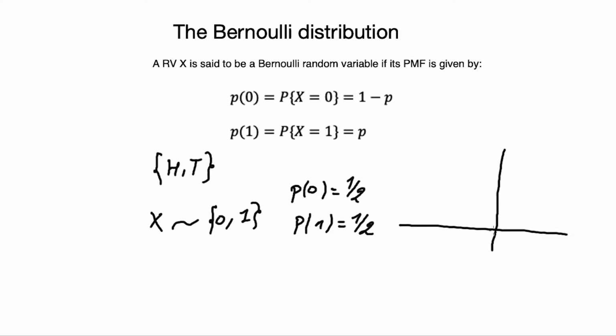So we have 0 here, and we have 1, and we have 1/2 as the value of the probability. So this will be the PMF of this distribution. So 1 and 0, here is x, and it is 0 otherwise.